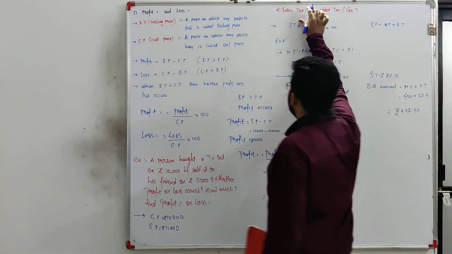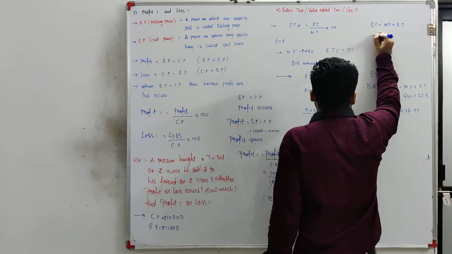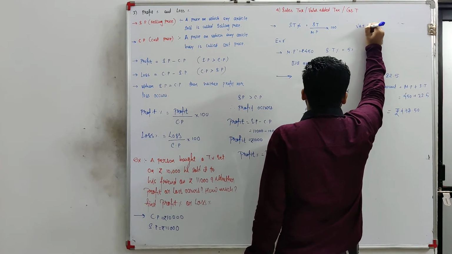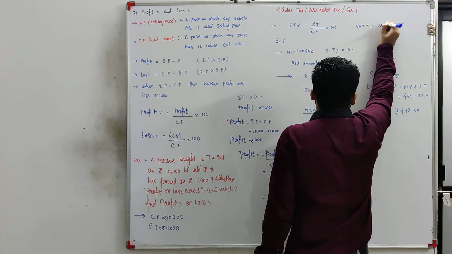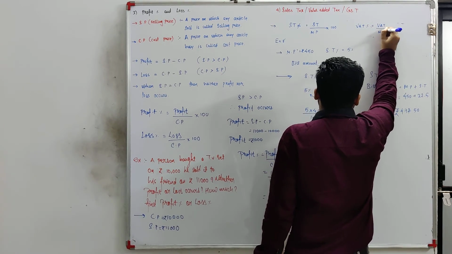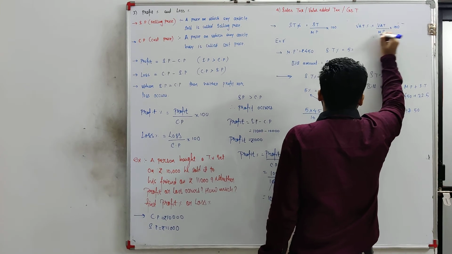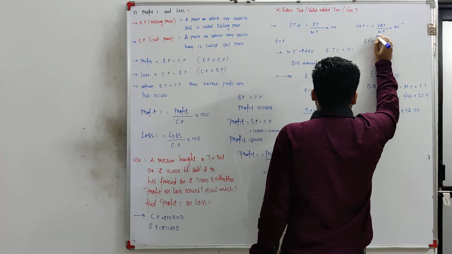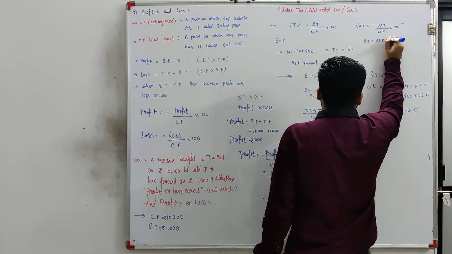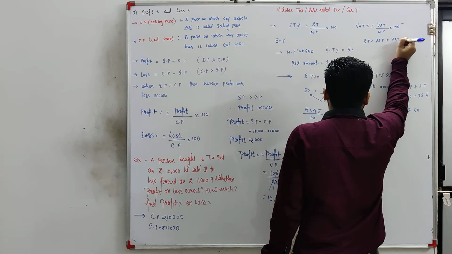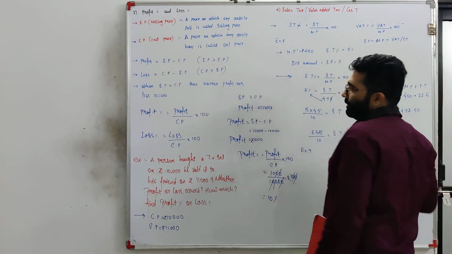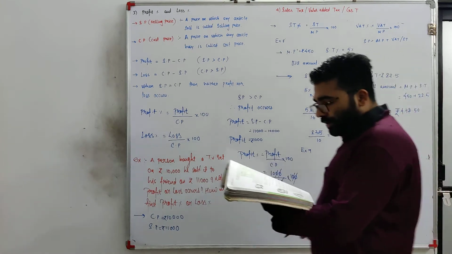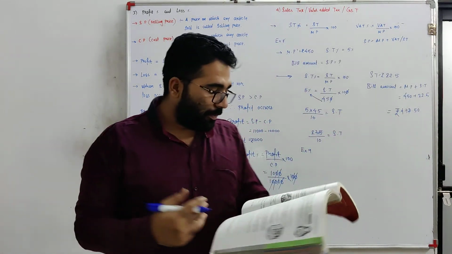So VAT percent is equal to VAT divided by mark price into 100. Always here you are getting the selling price as mark price plus either value added tax or sales tax.